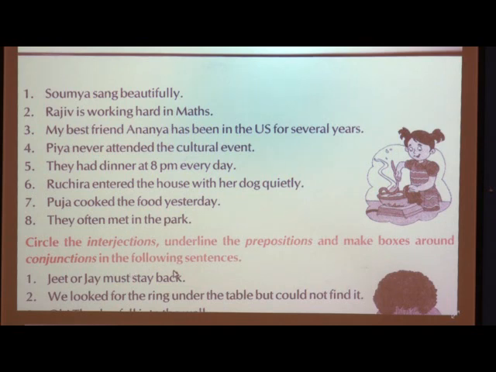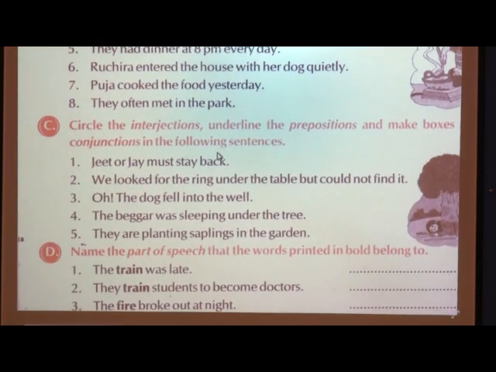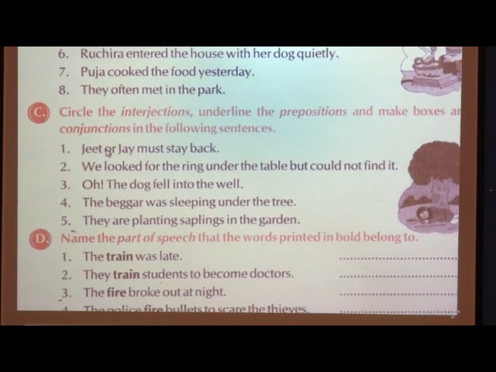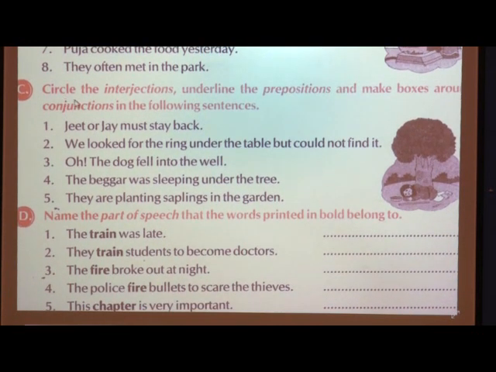Next, if you move to the next exercise, that is C. What have they given in C? They told us to circle the interjections, underline the prepositions and make boxes around conjunctions in the following sentences. Now, here some sentences they have given. See the first one: Jeet or Jay must stay back.